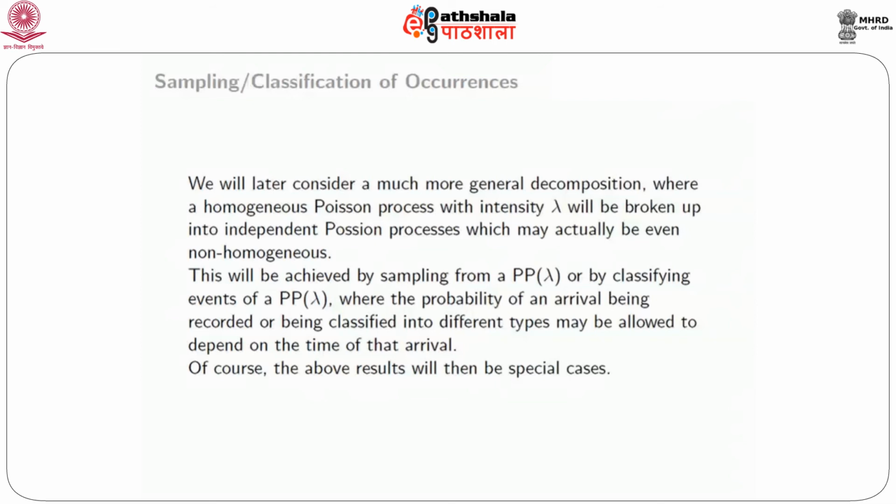In both the earlier cases we said an arrival is recorded with probability p irrespective of the time of arrival, or classified into type i with probability pi irrespective of the time of arrival. But in a more general model we will assume that these probabilities may depend on the time of that arrival, while independence of other arrivals would be retained. Of course, the above results would just be special cases of this where the probabilities do not depend on the time of arrival.